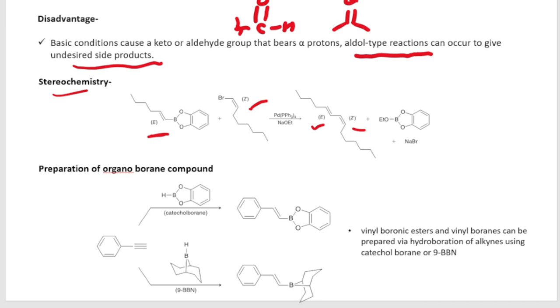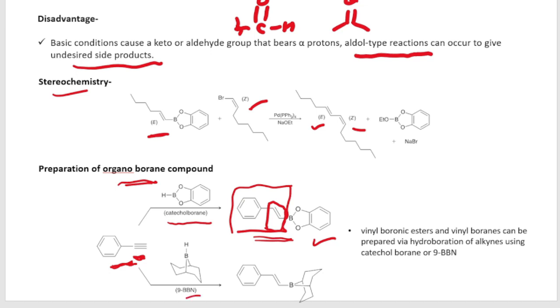And how do you prepare these organoborane compounds? If you start with a triple bond alkyne, your organoborane or organoboric acid will contain a double bond. So here phenylacetylene is reacting with catechol-borane, you will get this styrene.